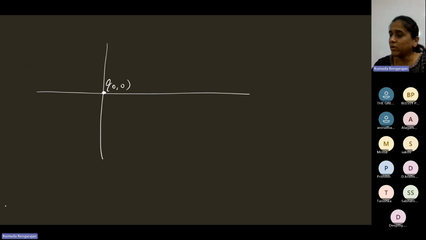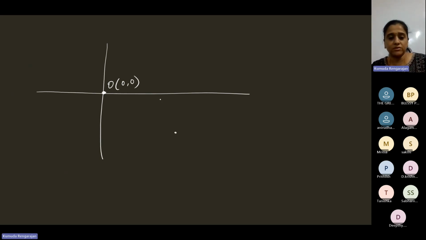Let me show the axis like this. And this is (0, 0). This is O. Origin is given by O (0, 0), right?